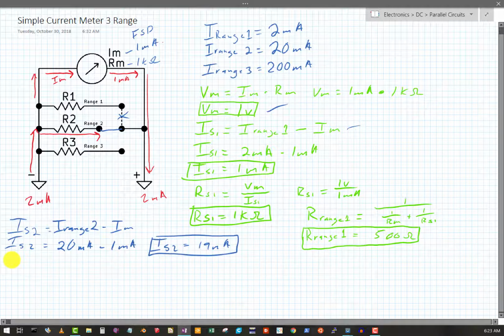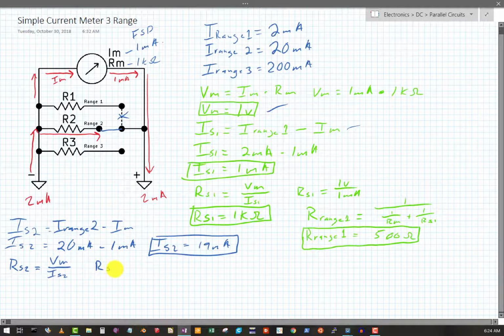Now I can figure out RS2, the shunt resistor for range 2, and that's going to be V meter, which is still the same, over IS2.